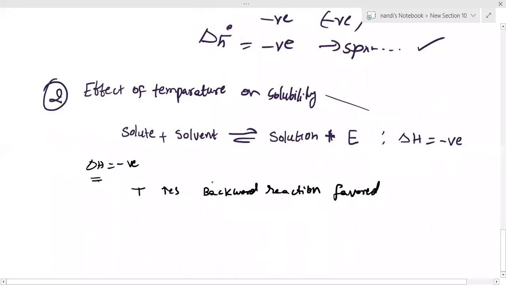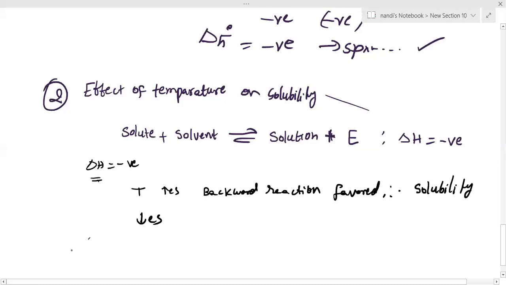When the backward reaction is favored, does solubility increase or decrease? So therefore solubility decreases. Backward reaction means they won't be dissolved, the solute in the solvent.